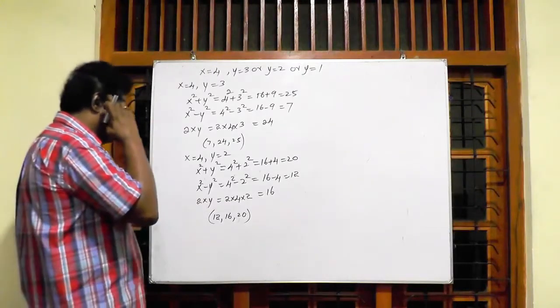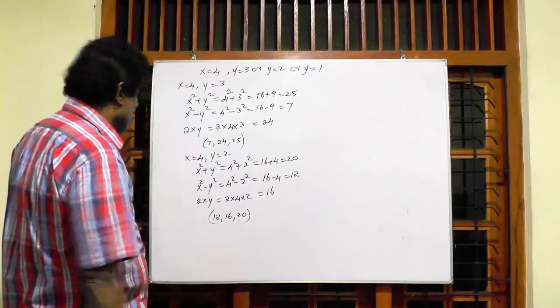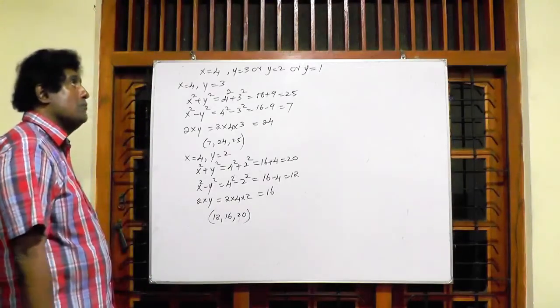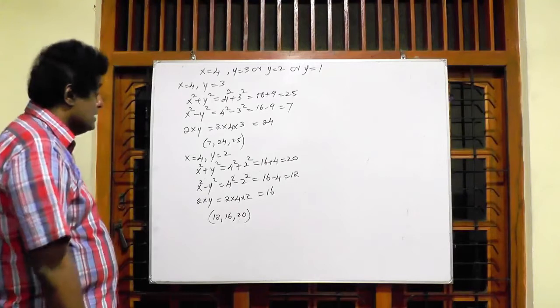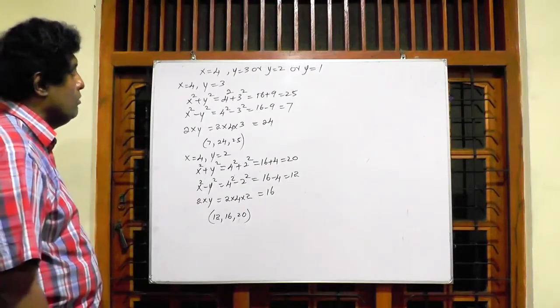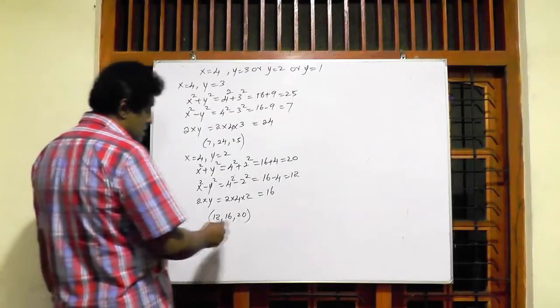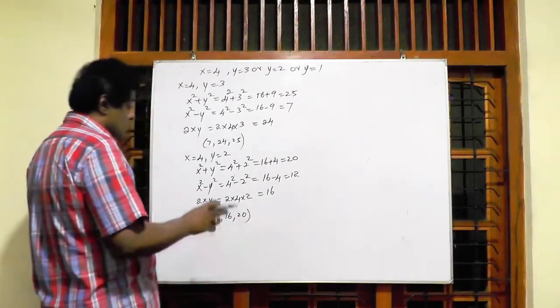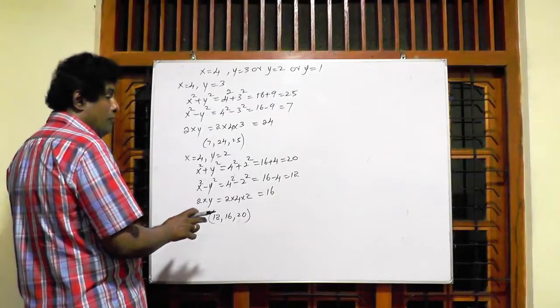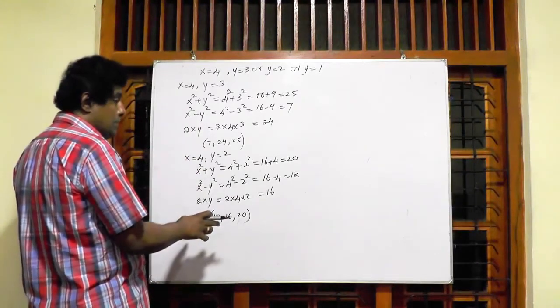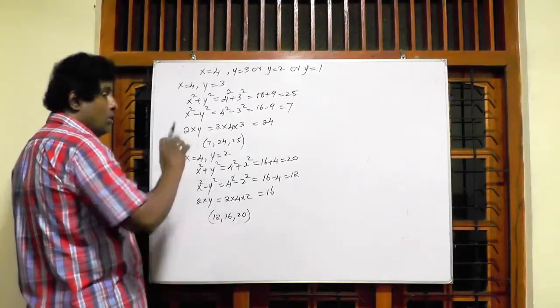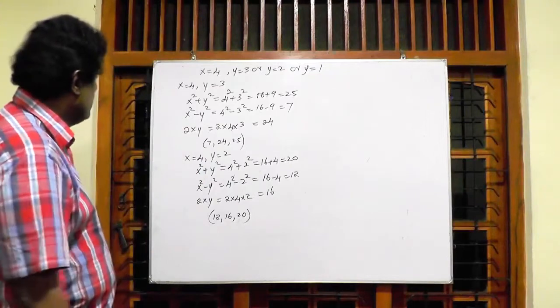Because 12 is the fourth multiple of 3, 16 is the fourth multiple of 4, and 20 is the fourth multiple of 5. So this triple is the fourth multiple of the smallest triple.